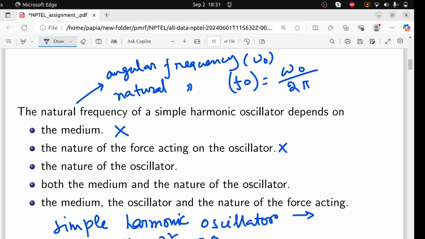No. The nature of the oscillator means like the spring constant or so, that is also not it. But as they are talking about the force acting on the oscillator, we can think a little bit more on that frequency expression.